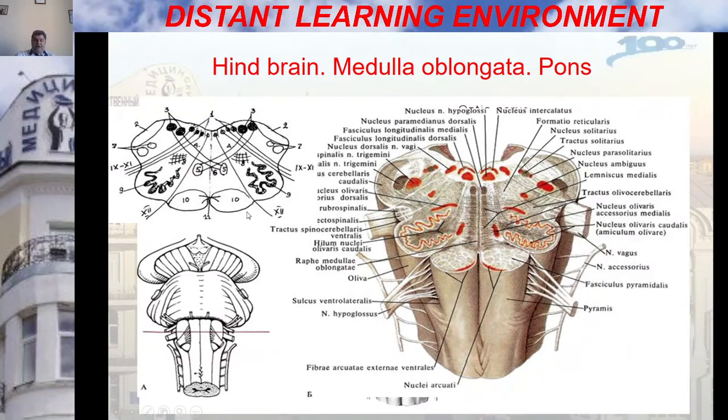The short tracts include the bundles of nerve fibers connecting some nuclei of gray matter to one another, as well as bundles connecting the nuclei of the medulla oblongata with the adjacent parts of the brain.